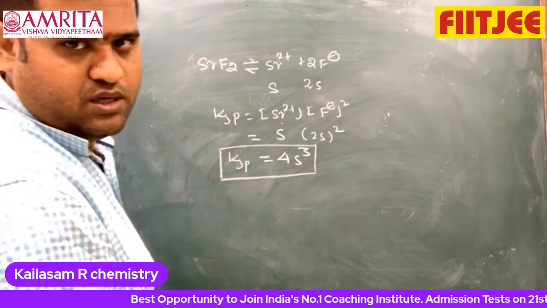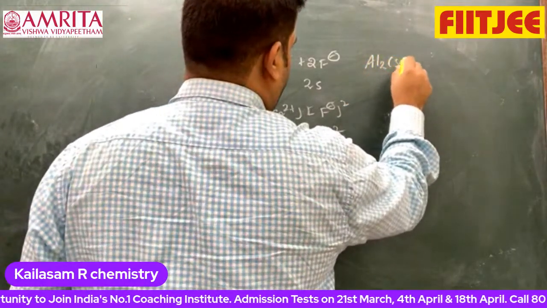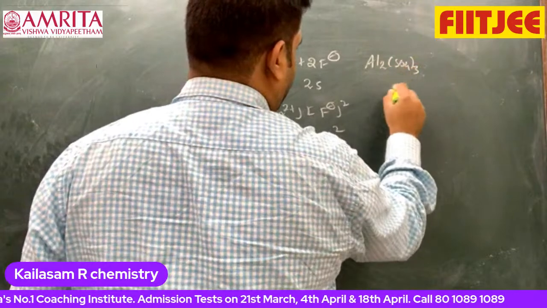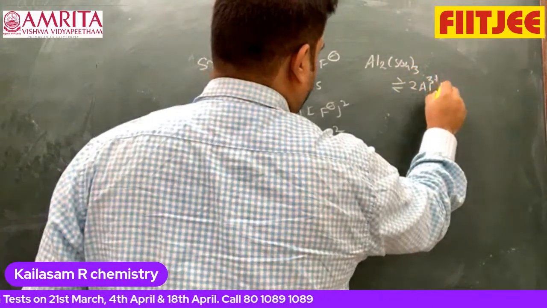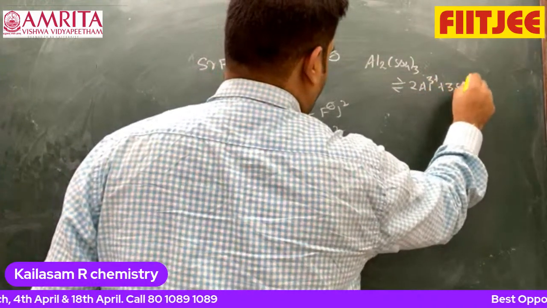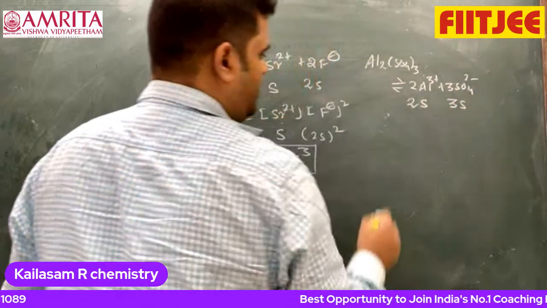What about aluminium sulfate? Let us take Al2(SO4)3, which is going to come as 2Al3+ plus 3SO4 2-. We can take 2S and 3S.